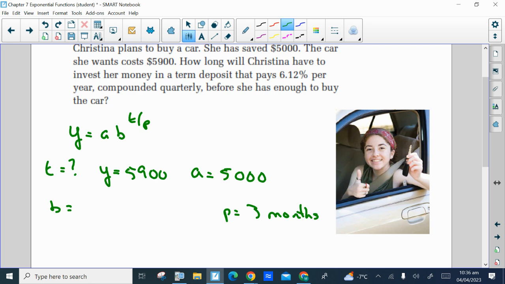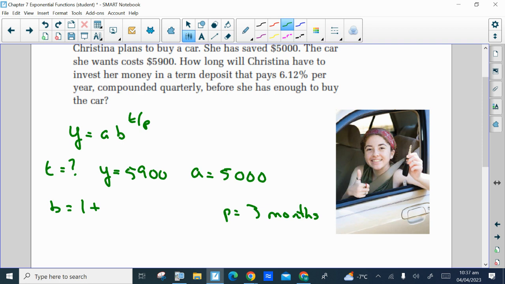Now, to find out what B is, we have to calculate what the quarterly interest rate is. You also have to remember that once we calculate the quarterly interest rate, we're going to add it to 1, because you're going to have 100% of the amount that you put in there plus the quarterly interest rate more. And so the 1 represents the 100%.